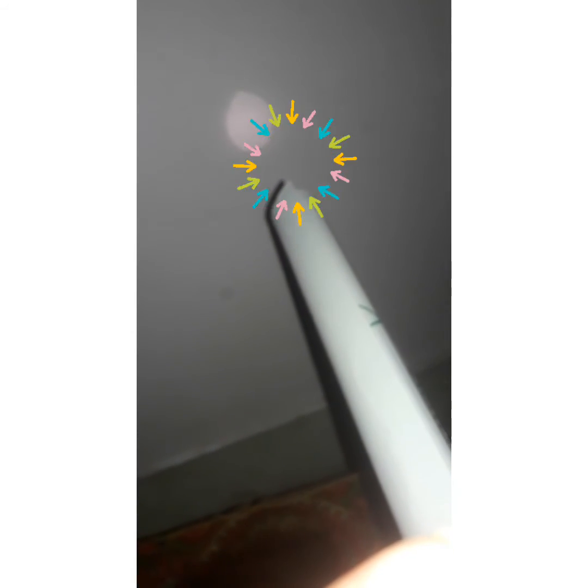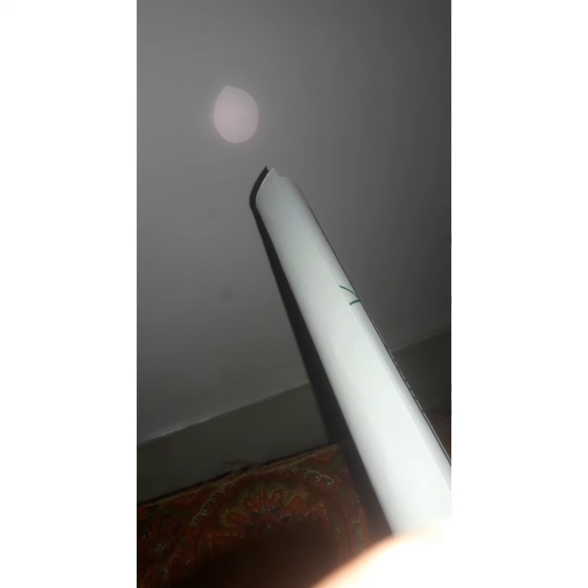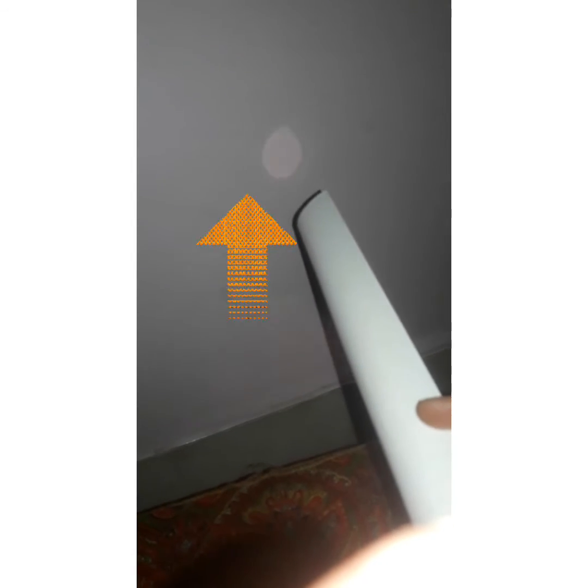We put the straw on the torch, and you see the light can pass. We know the light always passes in a straight line, so we put the straw on the torch and the light passes. But when we bend the straw, the light cannot pass through it.